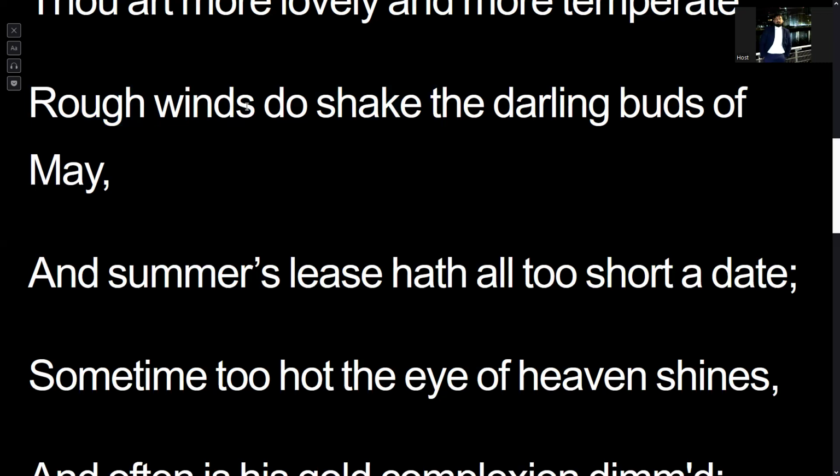Now, darling means precious, valuable, beautiful, things like that. And buds means the bud of a flower, the beginning of life. So what he's saying is in summer, in May specifically, the weather can be rough.